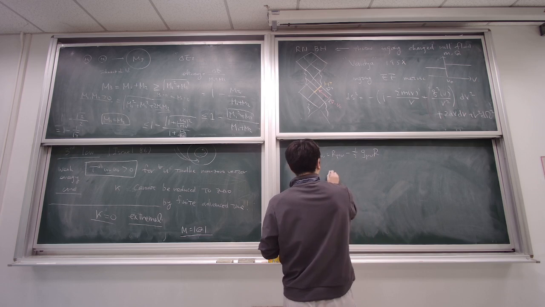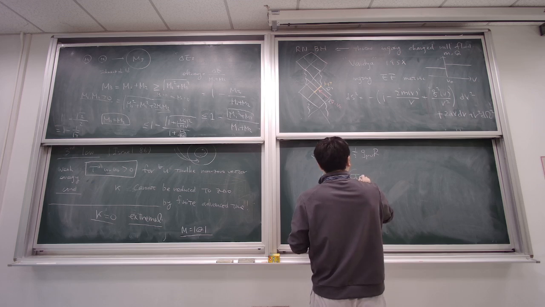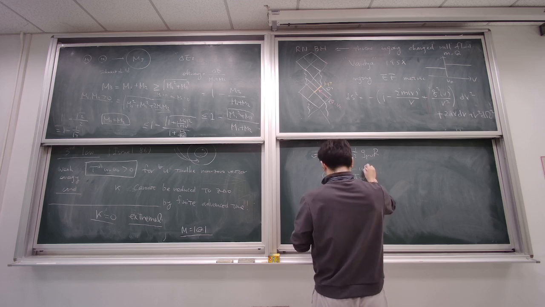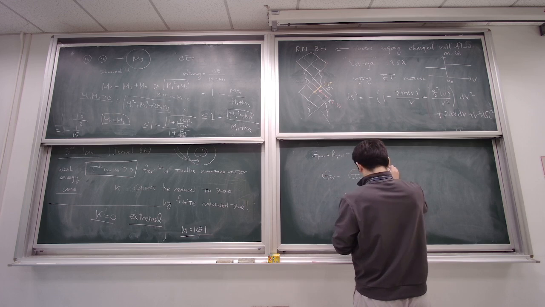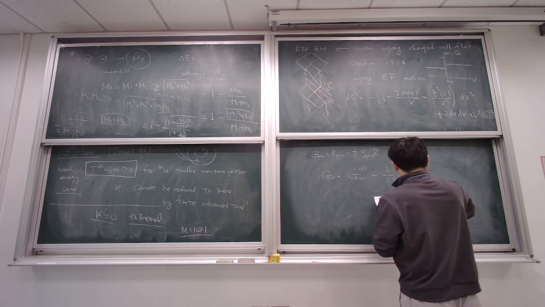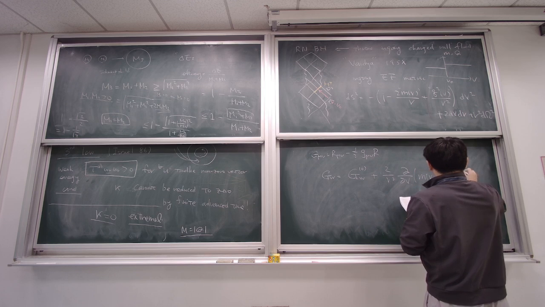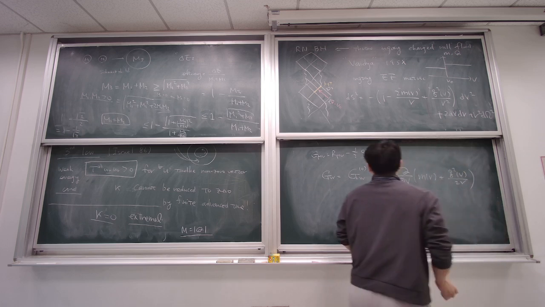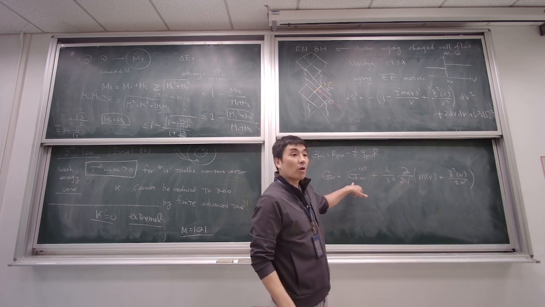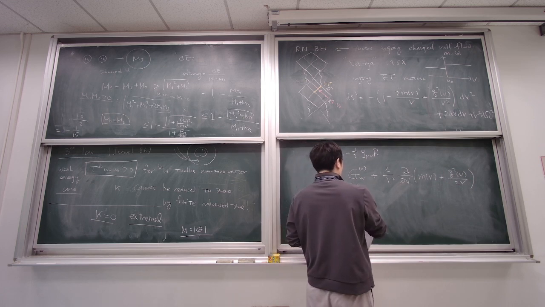Then G_vv is the original one, G_vv of 0 plus 1 over r squared. So this guy is the original Einstein tensor.